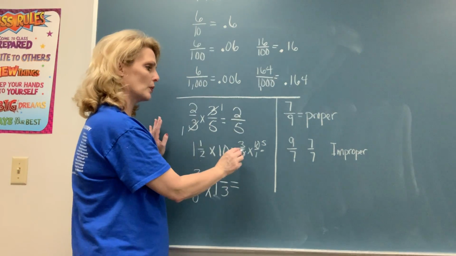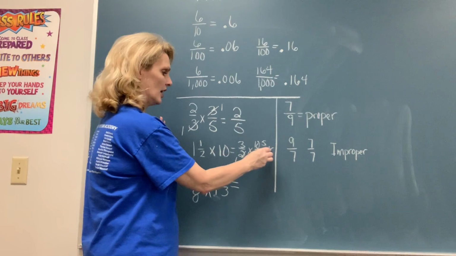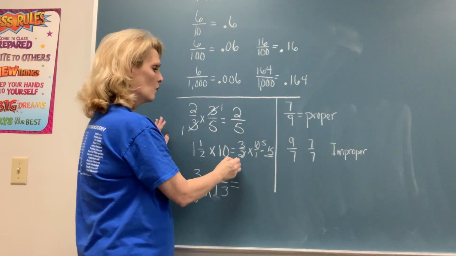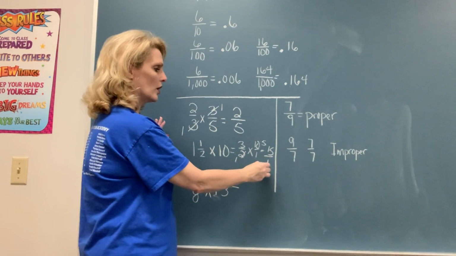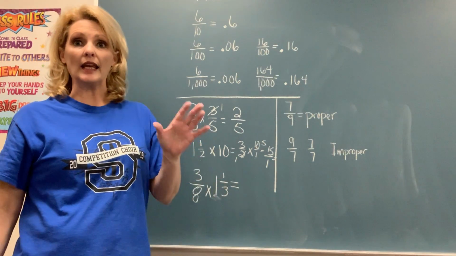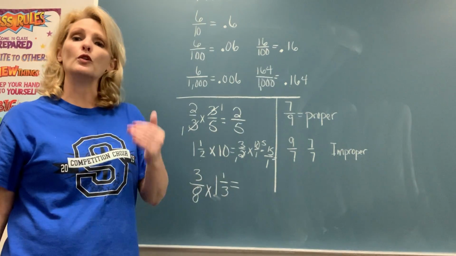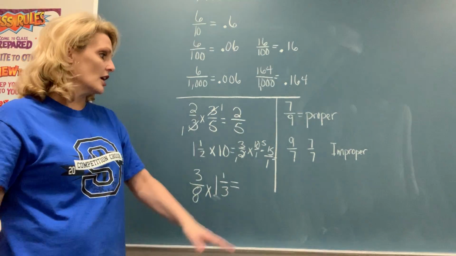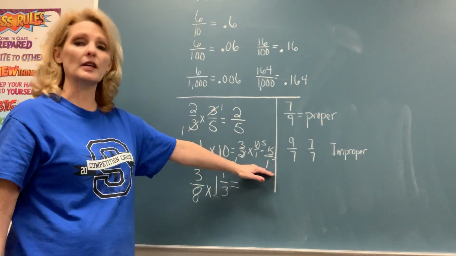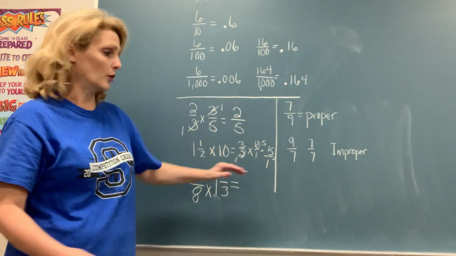So we're just going to multiply across. 3 times 5 is 15. 1 times 1 is 1. Now we have an improper fraction. Anytime you have an improper fraction, make sure you reduce that fraction. So if it's 15 over 1, that becomes a division problem, and your final answer will be 15.